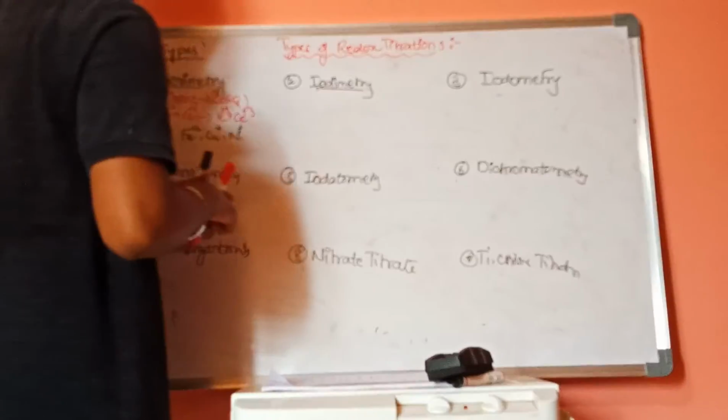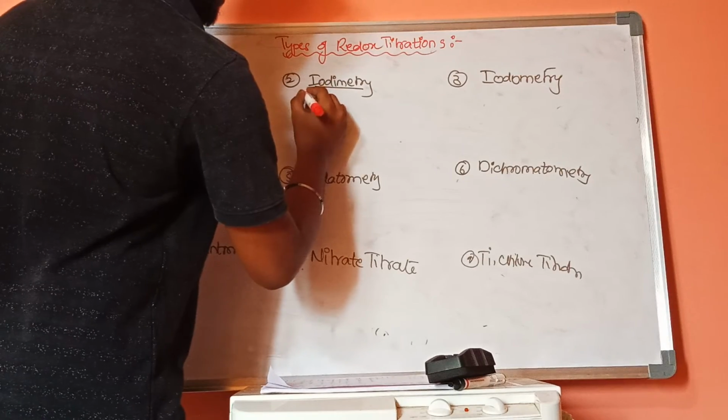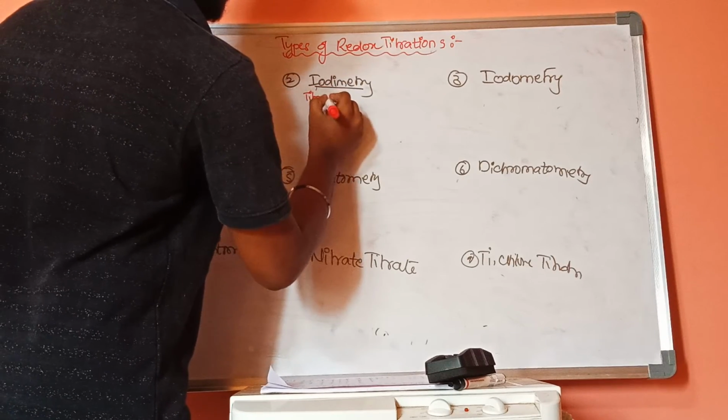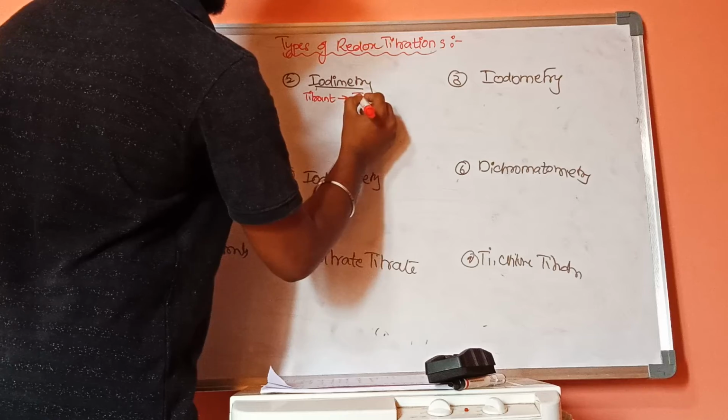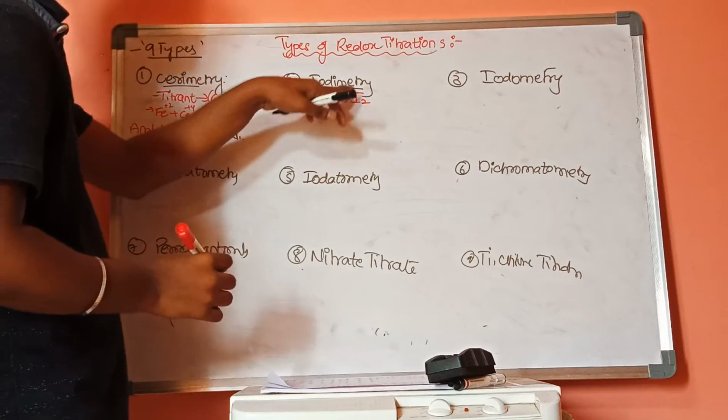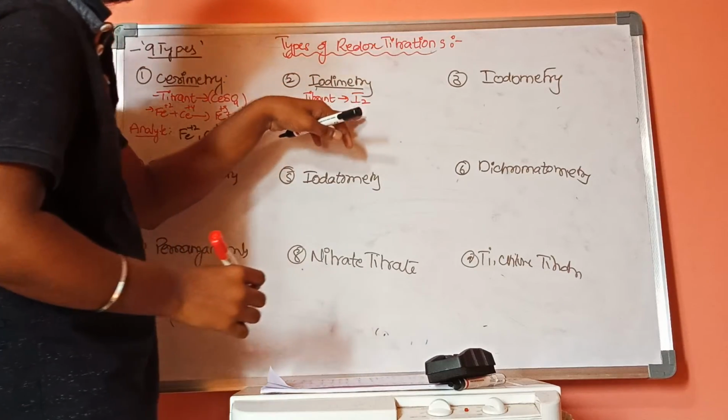Now, iodimetry. In iodimetry, the titrant is iodine. Iodine means direct iodine is used in this solution.